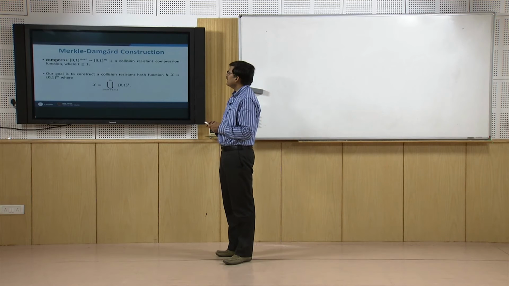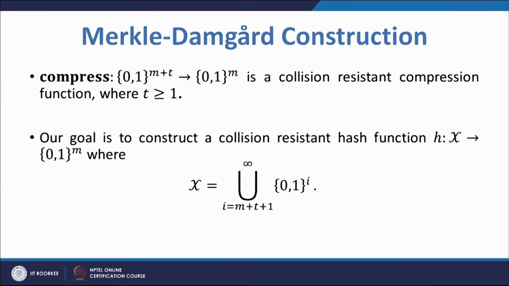In the case of Merkle-Damgard construction, we have a compress function from {0,1}^(m+t) to {0,1}^m, and we assume that this function is collision resistant, and we also assume that t is greater than or equal to 1, and we would like to construct a function on x which is the union of {0,1}^i, with i running from m plus t plus 1 to infinity.